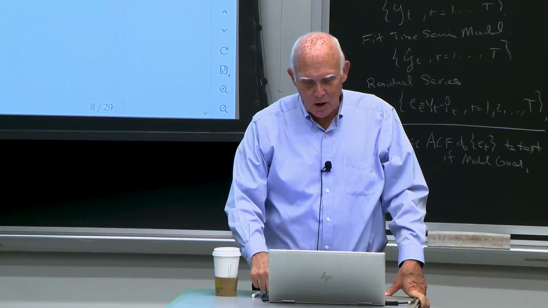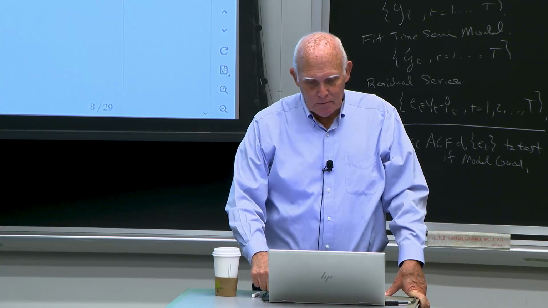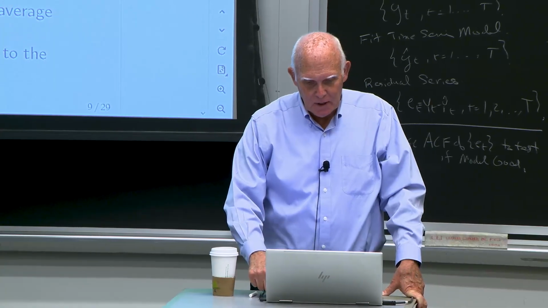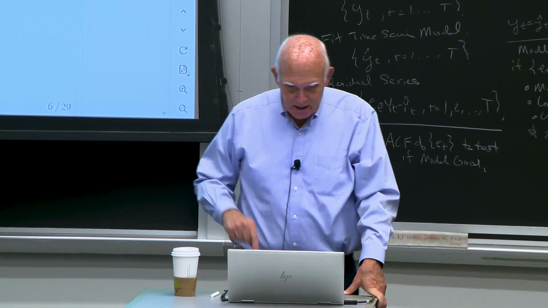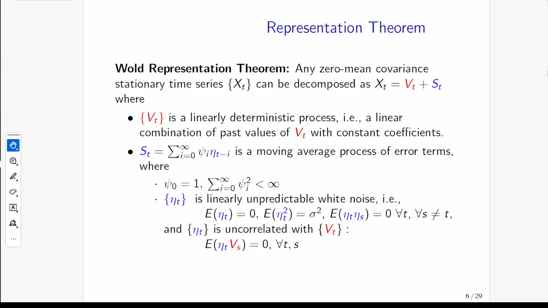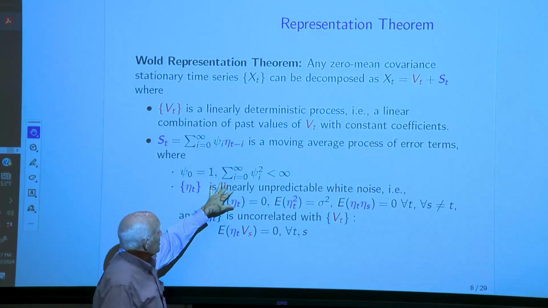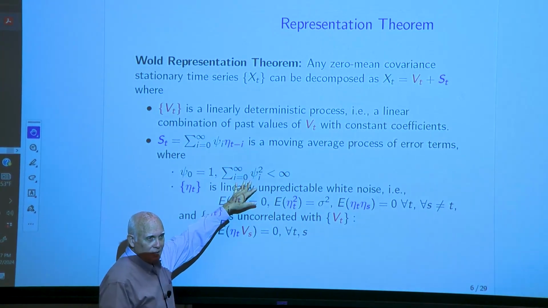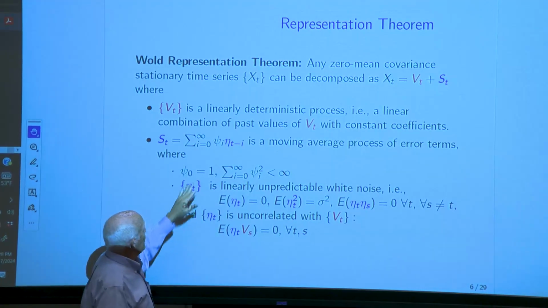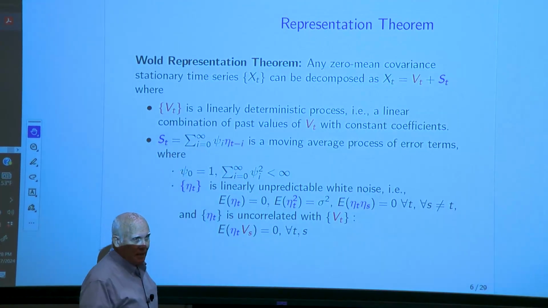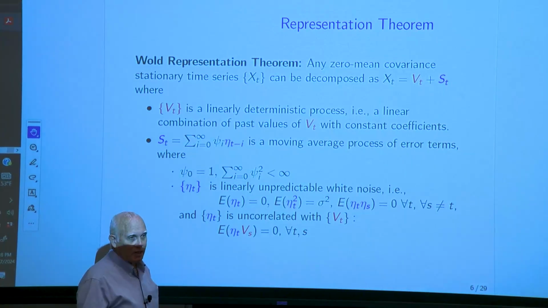Well, with the representation, okay. Let's see, where is it here? No, that's fine. Here it is. Basically, if we consider this process St, which has some set of weights psi i times white noise eta t's, then if these conditions are satisfied for the psi's, so they're square summable, finite, then this process St is going to be covariance stationary.